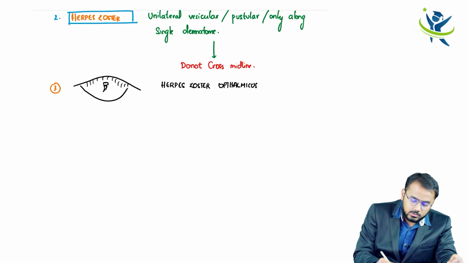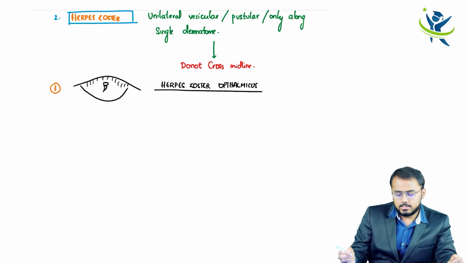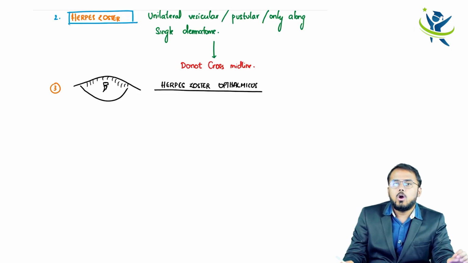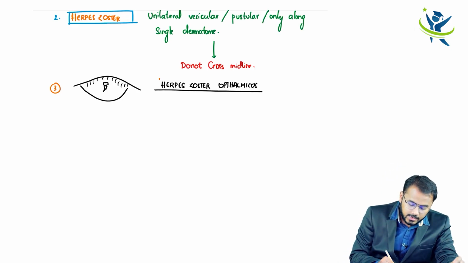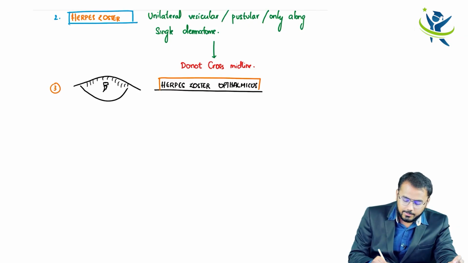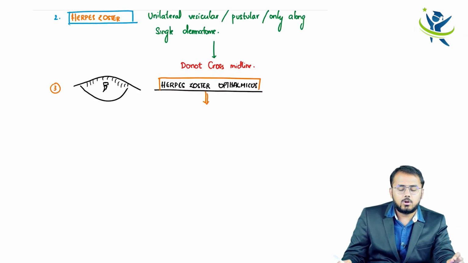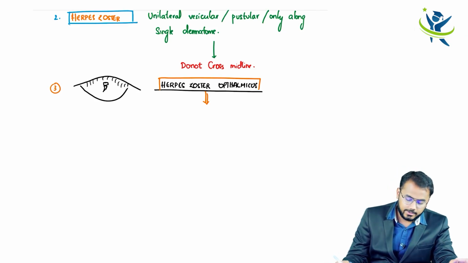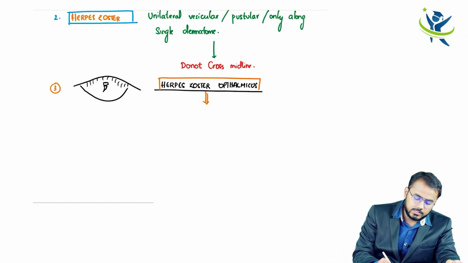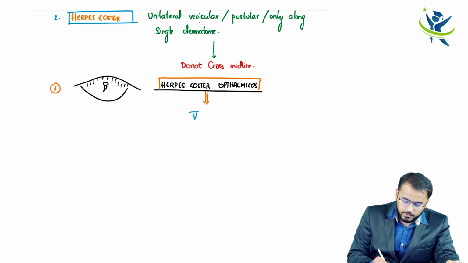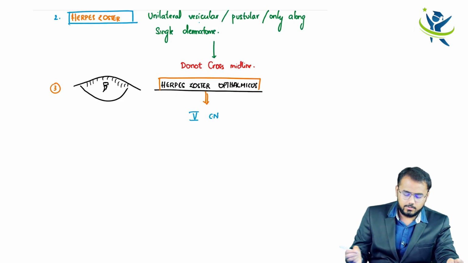Now, if someone asks you which nerve is affected in herpes zoster ophthalmicus, you have to tell that the nerve affected is the fifth pair of cranial nerve, right?